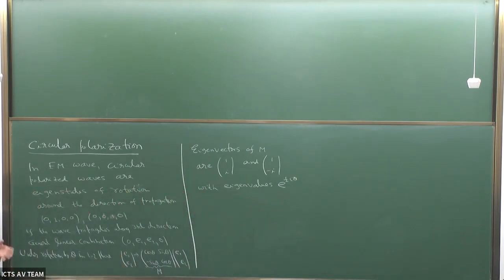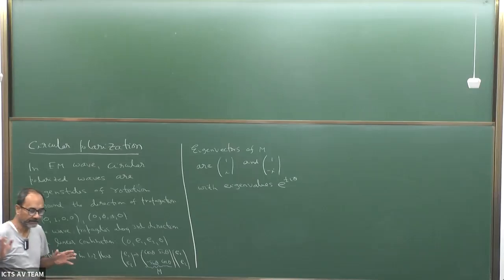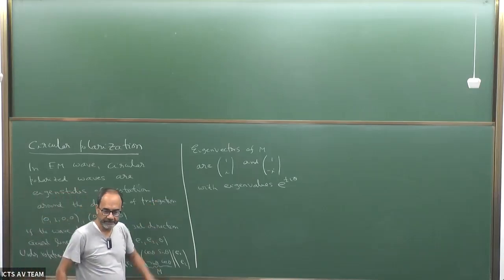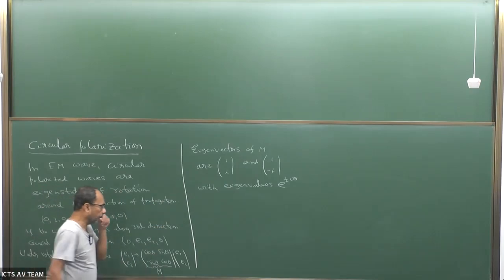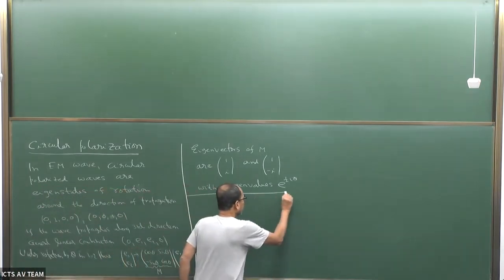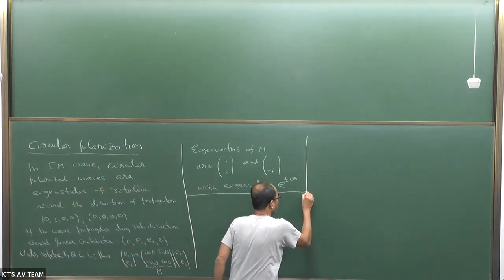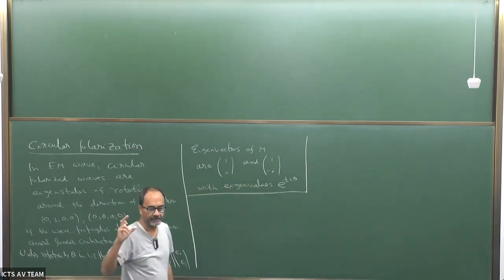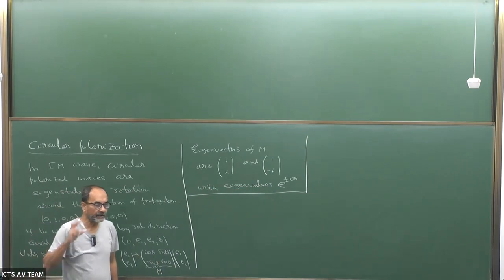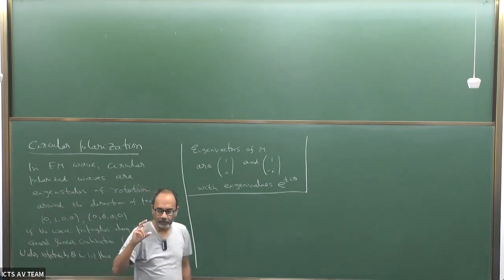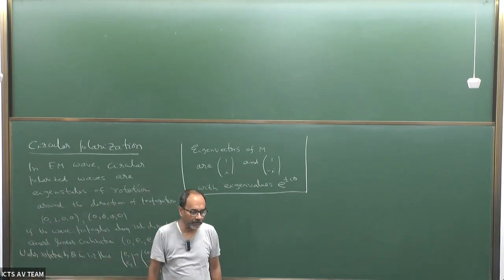So what we want to do for gravity is to find the analog of this. For this, let's recall that the gravitational wave can be characterized by two polarizations. One for which U11 is equal to minus U22, the other one where U12 is non-zero and the others are 0.